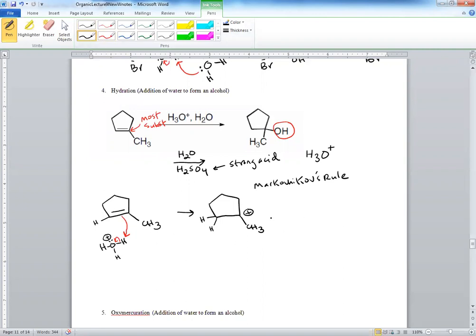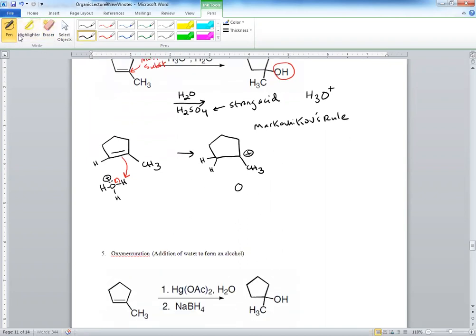Very well. The next step would simply be that now you have water. That is nucleophilic due to the lone pair. And this water with its lone pair is going to attack the carbon, the electrophilic carbon, where the carbocation is.